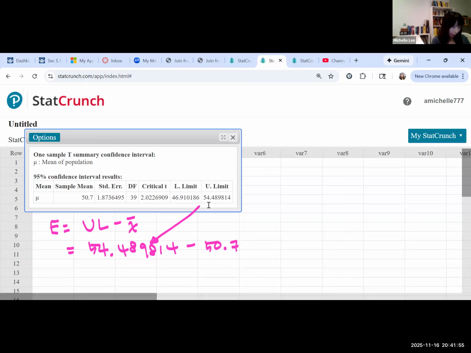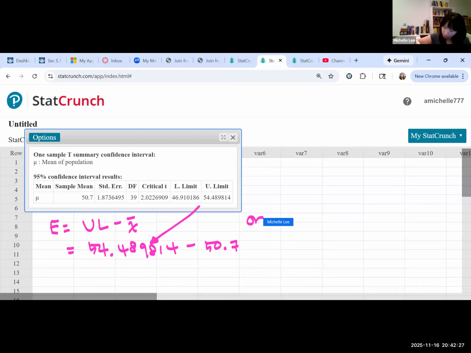We have 54.489814 minus 50.7. Yeah, 3 point. Do I get the 3 point? Yeah, 7898. Excellent. It's exactly the same. Yeah. Okay.